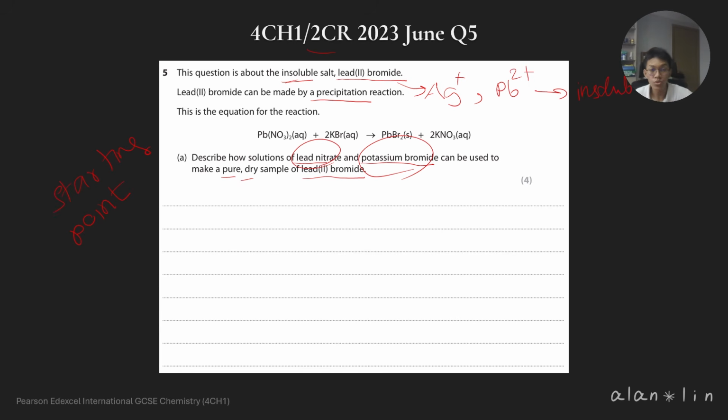So what do we do with those solutions? We mix them together, we react them, and that will form the precipitate, the solid salt. We will then filter it out, we'll then wash it to remove any excess solution, and then we will be drying it in a warm place, and then we will get our pure dry sample.